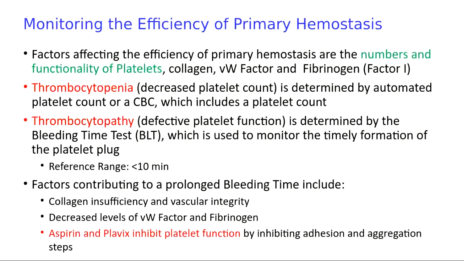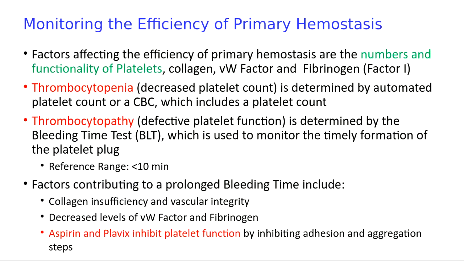Well, every time we need to know whether we have good primary hemostasis function is by checking blood vessel function. And there are not a lot of tests that we can do to assess or monitor the blood vessel or the vascular integrity.